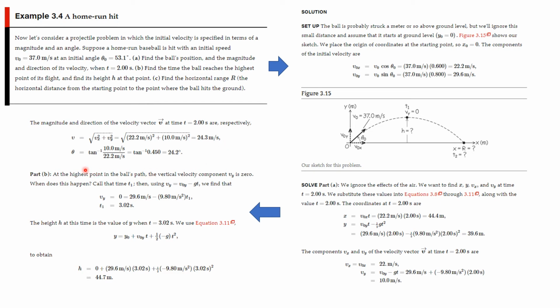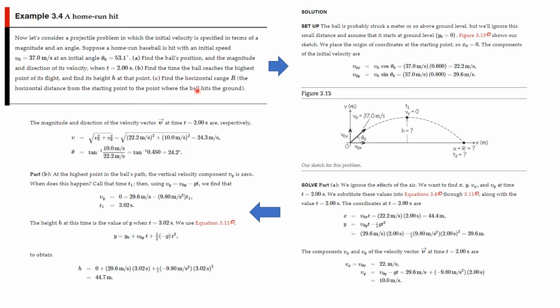And the angle at that time is 24.2 degrees, because that's the inverse tangent of v sub y over v sub x. And again, the picture can help you see that. It starts out at 53 degrees, but then the angle gets lower and lower. In fact, the angle up here at the top is going to be 0. That answers all the questions asked in Part A.